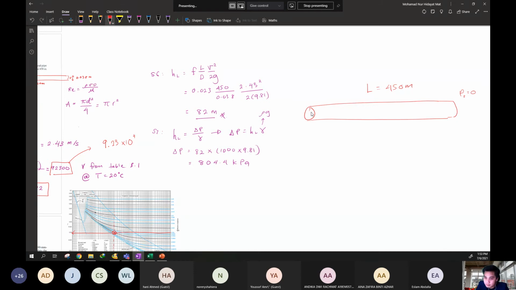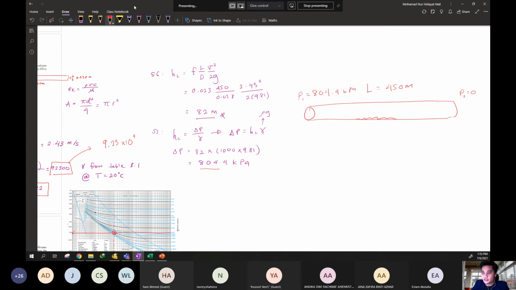Definitely we have a pump to pump this fluid from inlet 1 to the outlet. So the pressure at 1 is this value. In order to move the water from position 1 to position 2, the pump needs to pump with the pressure of 804.4 kilopascal, with the length of 450 and the relative roughness of rough iron.